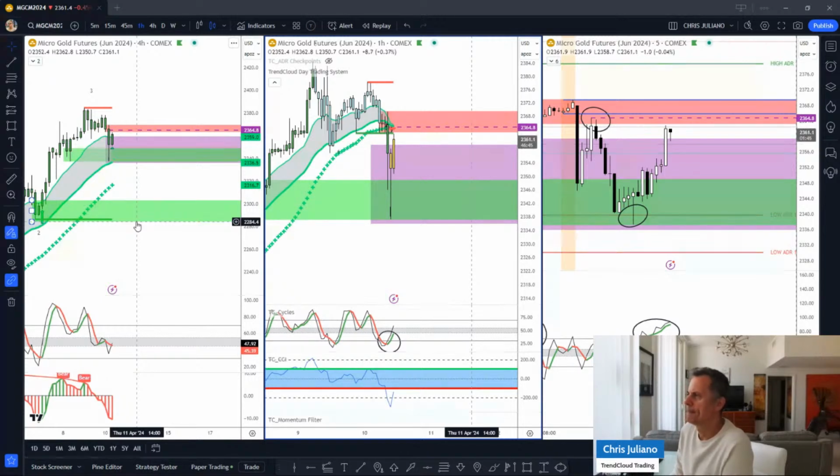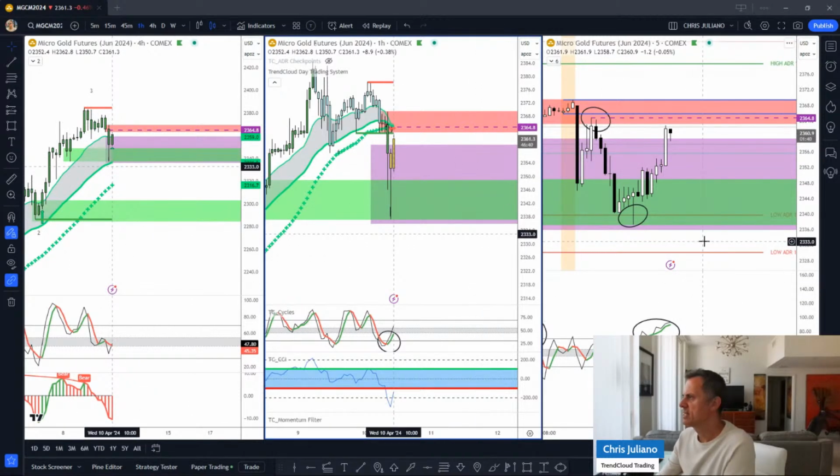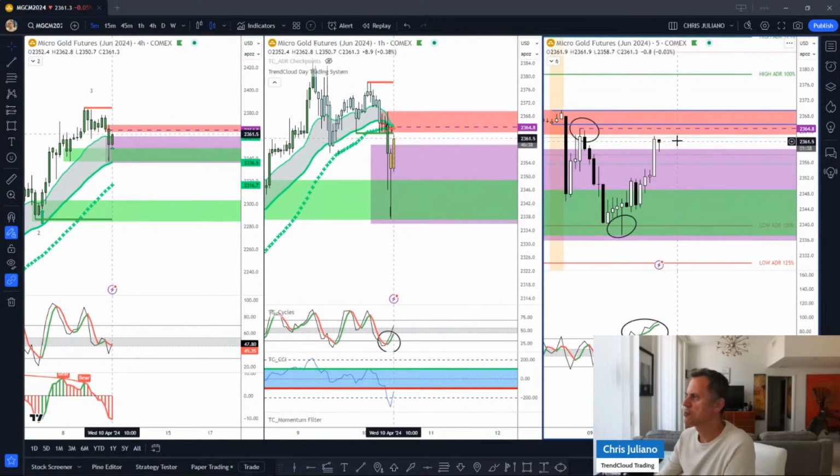But here we go. So we're retesting that previous day's close right there. Here's the supply zone, and we are retesting. A lot of downward momentum.